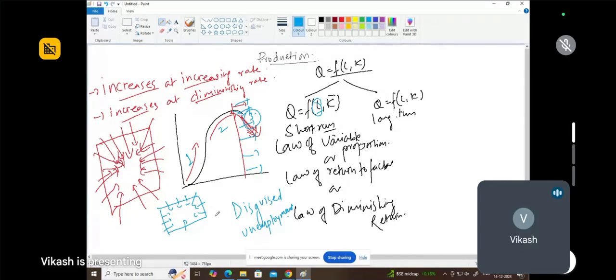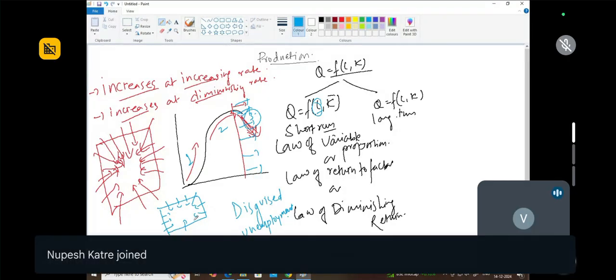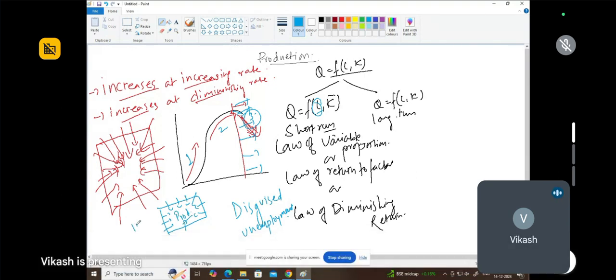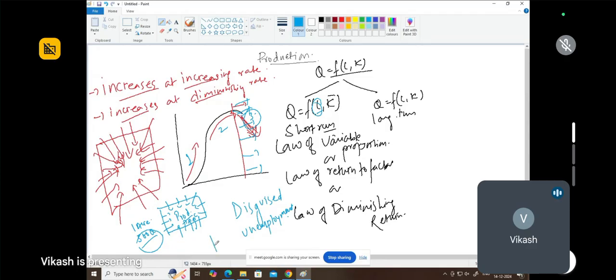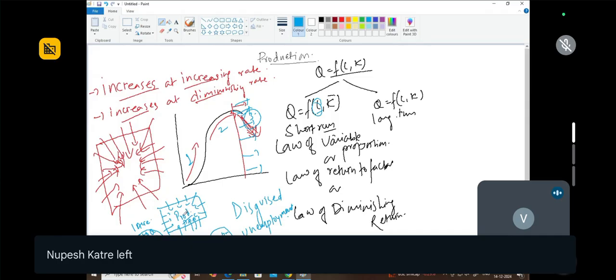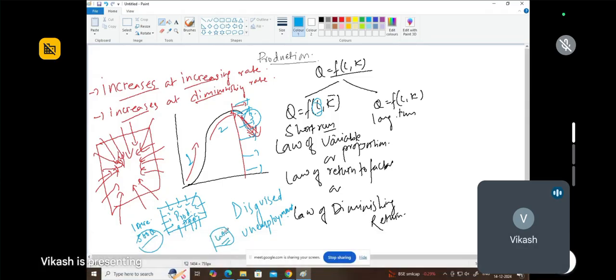So with the available labor input they are able to maximize their production. For example, if there is 1 acre of land and the maximum capacity of the land is to give 500 quintal of wheat, and they are able to achieve that, then why will they hire more labor? Because there are so many laborers in the labor market in Bihar. So they don't give them employment, and they migrate to Punjab, Madhya Pradesh, Maharashtra, Gujarat for jobs.